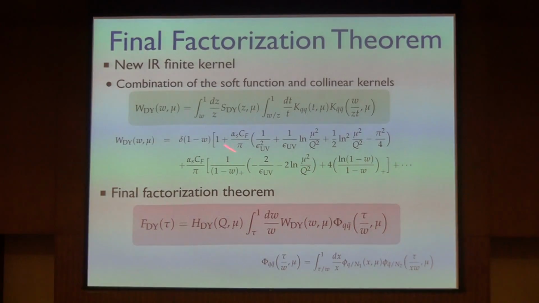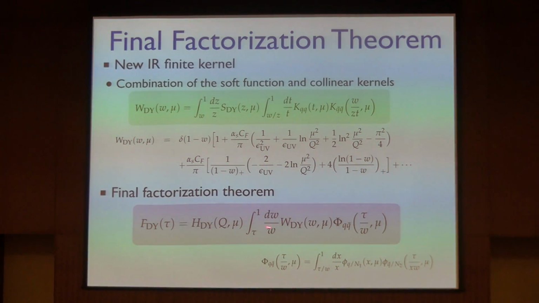However, we already have a problematic soft function right there. So, when we combine this soft function and these two collinear kernels, some surprising things happen. At the end of the day, after the recombination, we have a finite result right there. Okay, this is consistent with effective field theory descriptions. This WDY can be considered to be the second matching coefficient around the scale Q times 1 minus x.